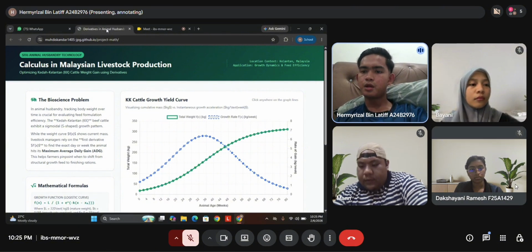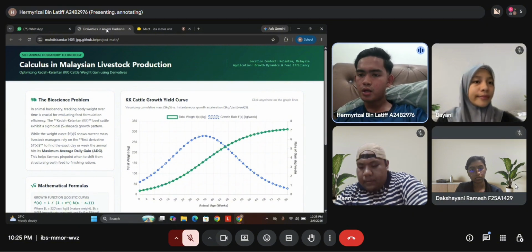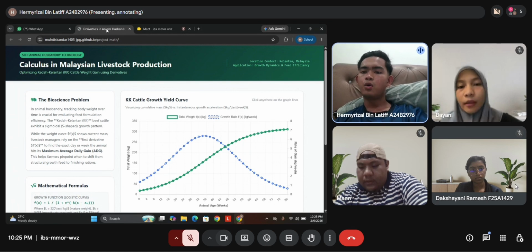Section 4. Conclusion and Application. Visual: show a closing summary slide, zooming into the 35-week peak point on the graph. Audio. This peak at 35 weeks is the inflection point of our logistic curve.